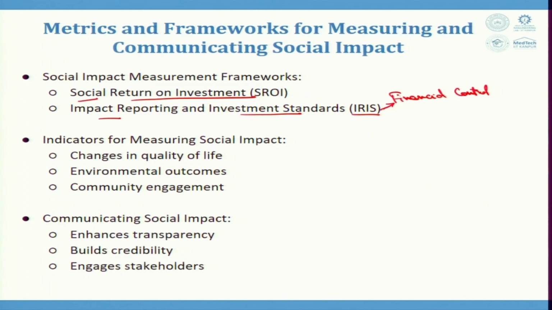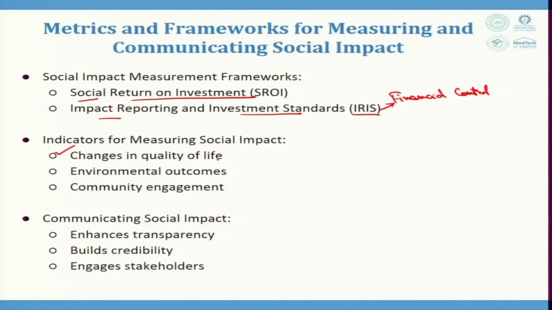There are certain indicators which are important when we are talking about the measurement of social impact, that is, what changes in quality of life it is bringing. This is something that is qualitative, but we can convert the qualitative data into quantitative form, maybe using a Likert scale. For example, in Amazon, if an innovation is there, they ask people, do you like this innovation? Like and dislike could be extremes, then partially like, partially dislike, neutral; there could be a 5-point scale.